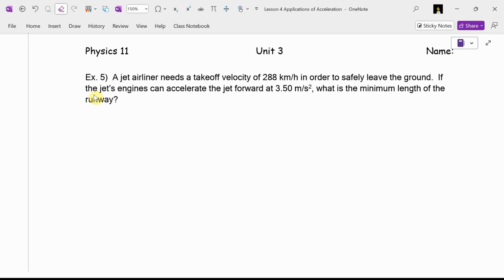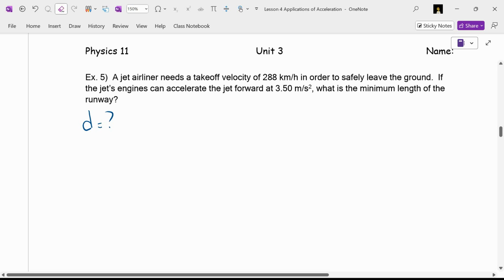Ooh, okay, Medina, what's this asking me to find? So minimum length, what physics concept is length going to match up with? Time? Okay, you know what? Medina, it's asking me to find this.